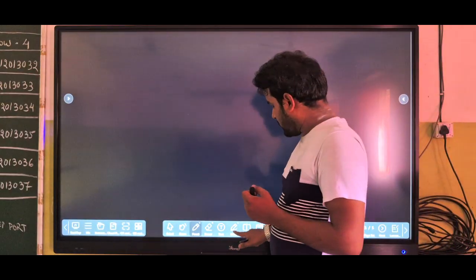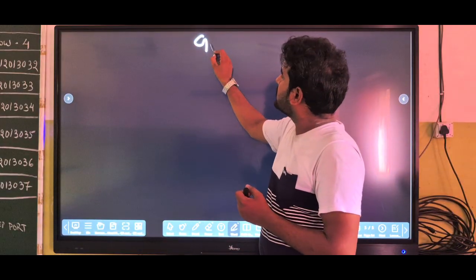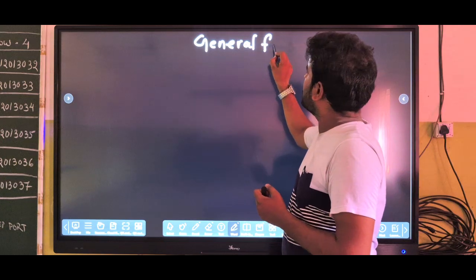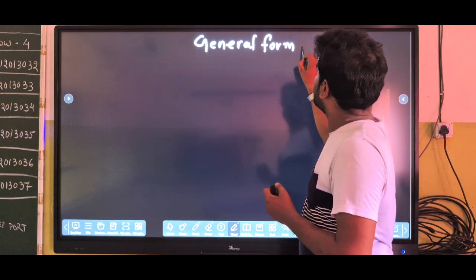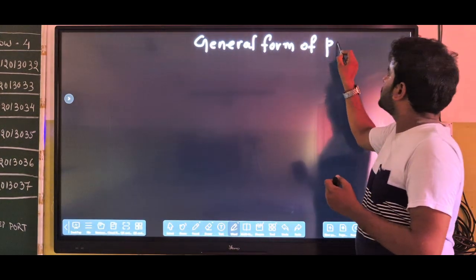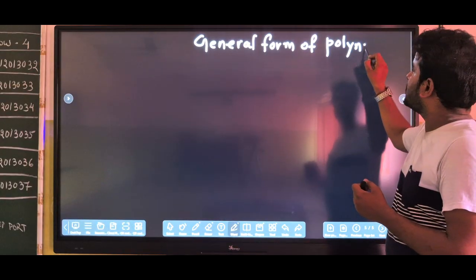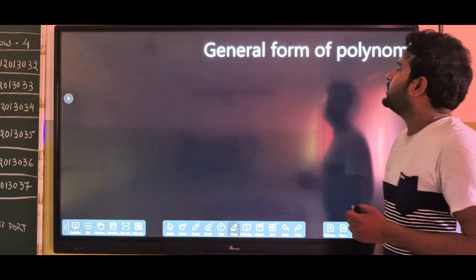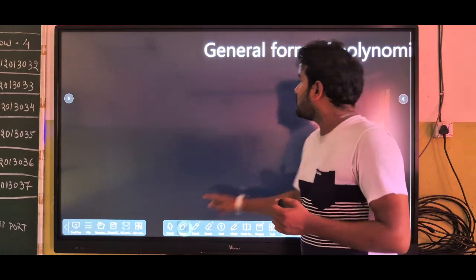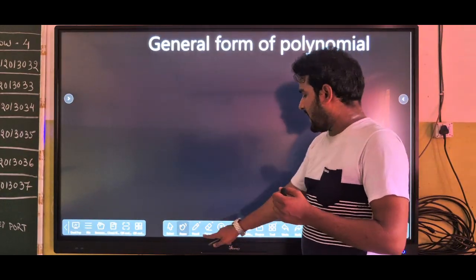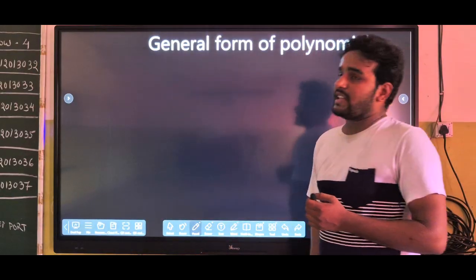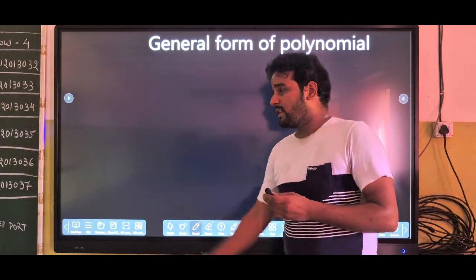So let me write the heading, that is general form of polynomial. General form of polynomial. Okay. So let me write the general form mathematically. Whatever the statement is there up to class 9. Class 9 NCERT is there also.